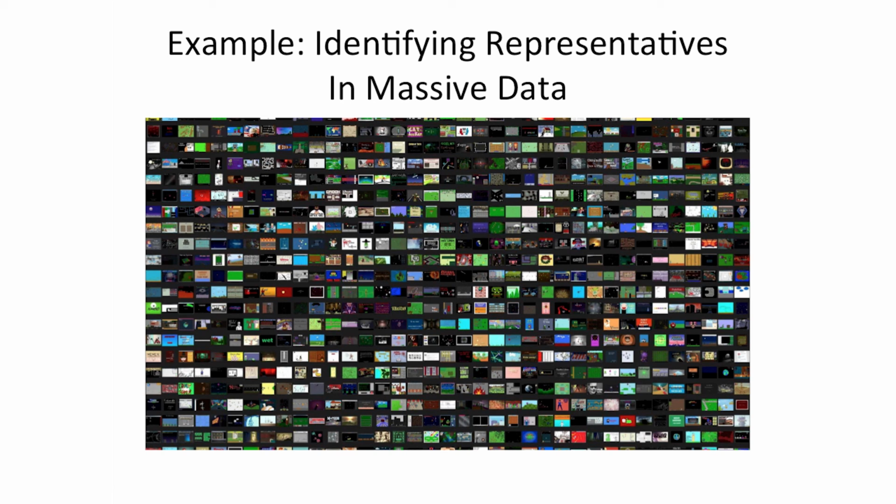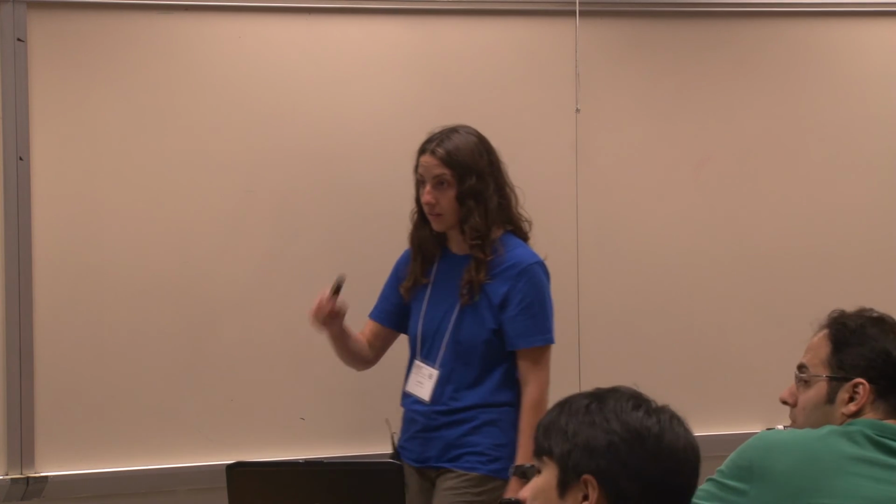Each of those little things is a tiny image, and we want to pick a very small subset of them, such as these ones. Out of 80 million tiny images, maybe I want to pick 100. Okay? Yes? What's the criteria? Yes, I'll mention in a moment.